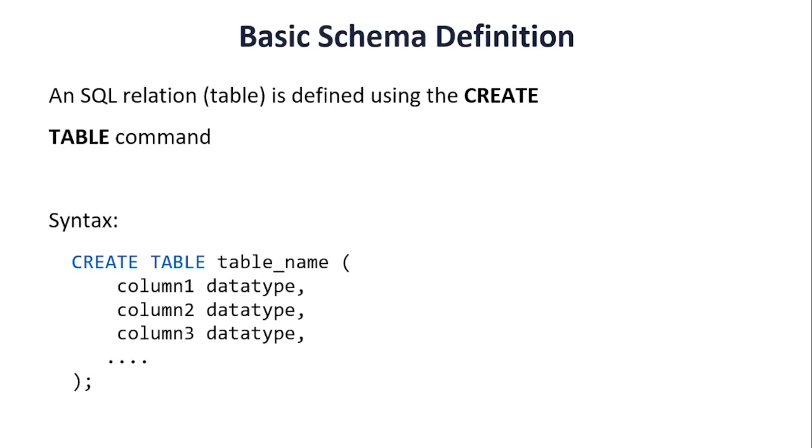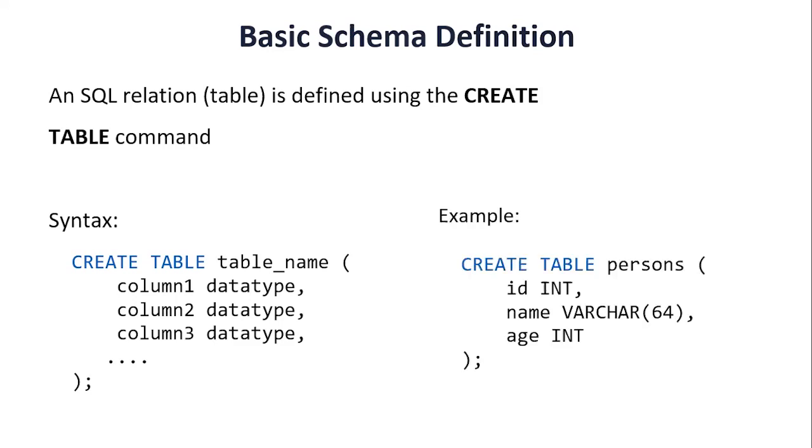We can specify any name here, followed by a list of columns within brackets. We can have column 1 followed by its data type, column 2 followed by its data type, and so on. The data type would be one of those domain types that we discussed.